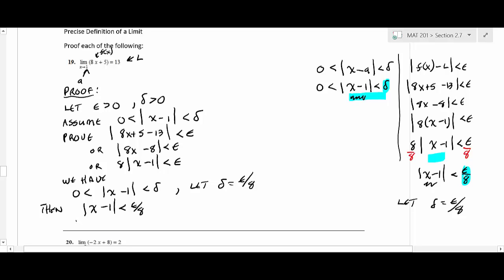Then we can multiply both sides by 8, and therefore what we end up with is 8 times x minus 1 is less than epsilon. So that would prove the theorem. That's a good way to write that limit proof out, using steps like that.